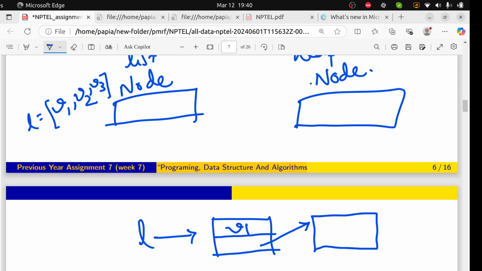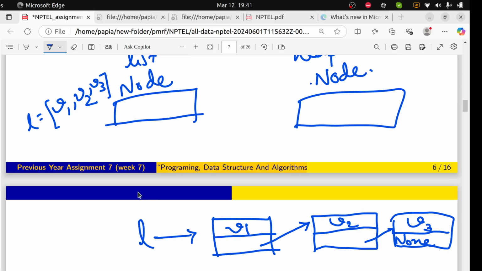V3 and V4 are kept in a box, and there is an arrow pointing. If V4 is not there, I can write here only none.